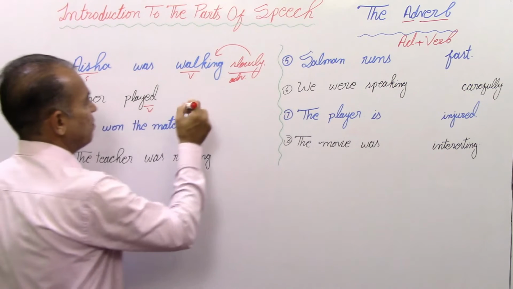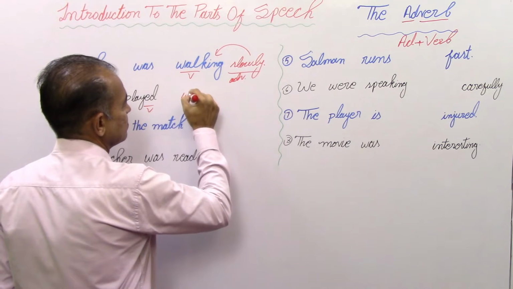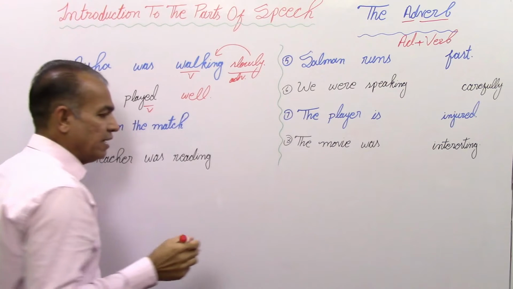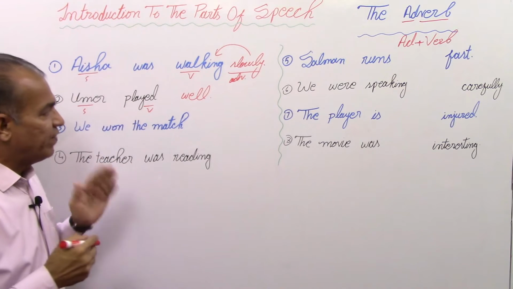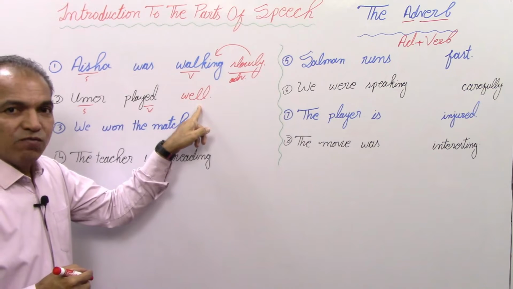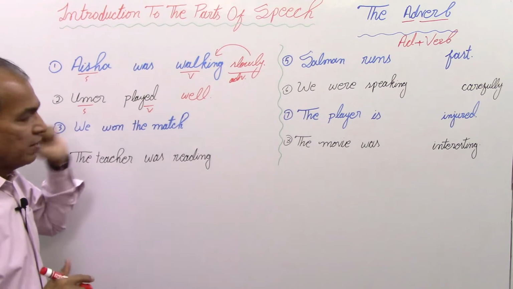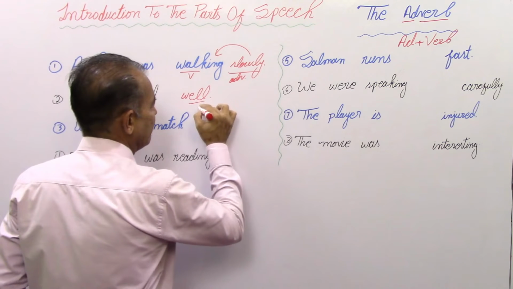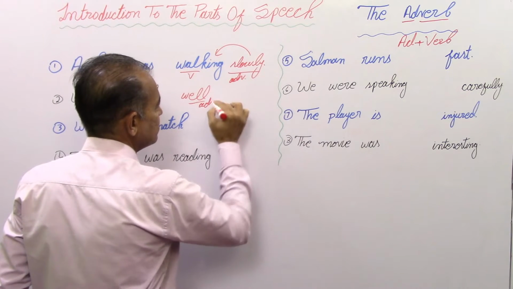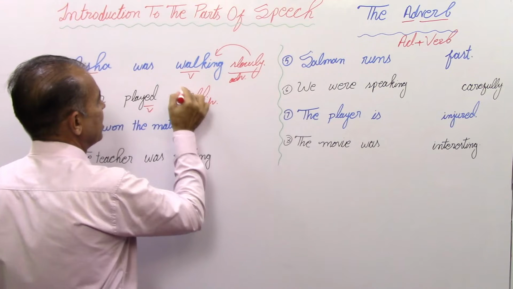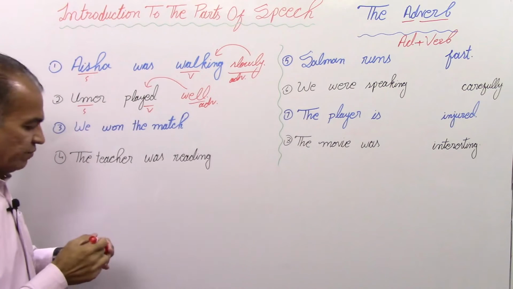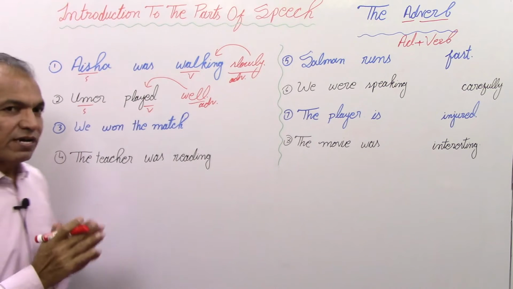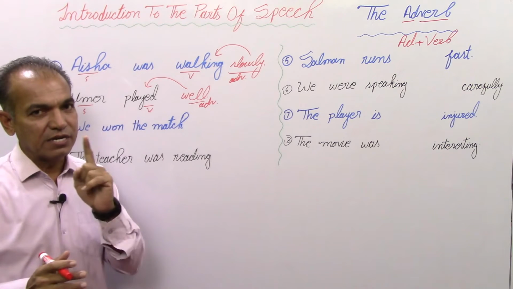For example, we say Umer played well. Now you can see that the word well is modifying the verb play. It means that this word well will be called an adverb. Why adverb? Because it has modified the verb of this sentence. So any word that modifies the verb of a sentence will be called adverb.